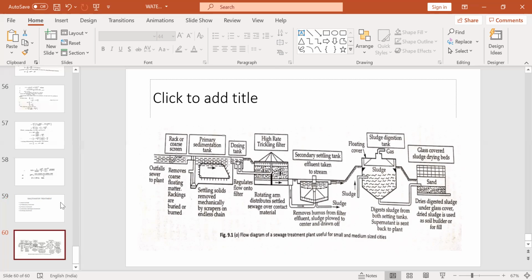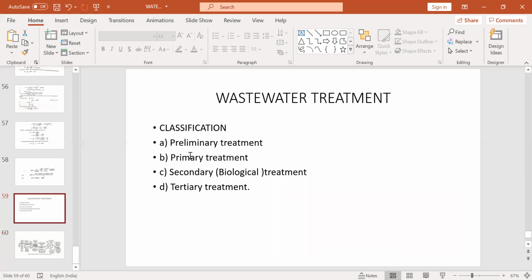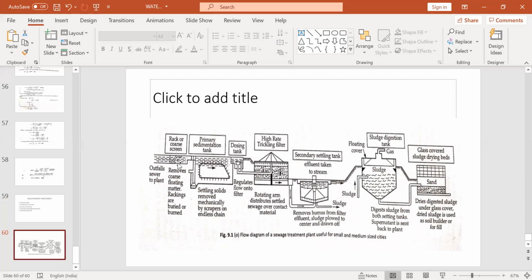As initially discussed, this falls under the category of preliminary treatment, where all the big parts of the sewage, all the larger pieces like paper, wood, pieces of cloth, animals, sometimes dead plants, all these parts which are absolutely rubbish and unnecessary, are separated using the coarse screen.